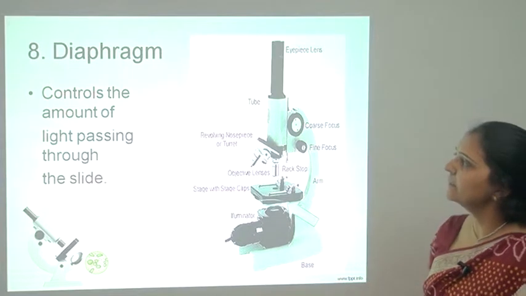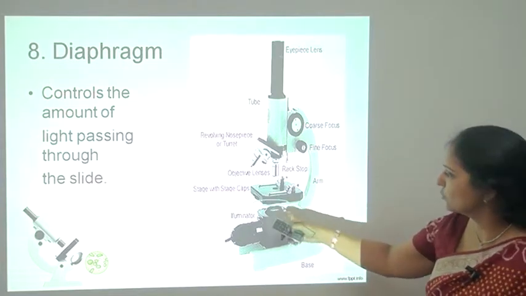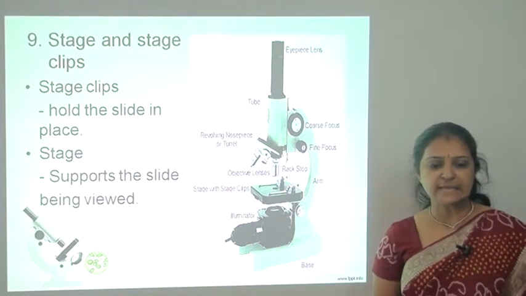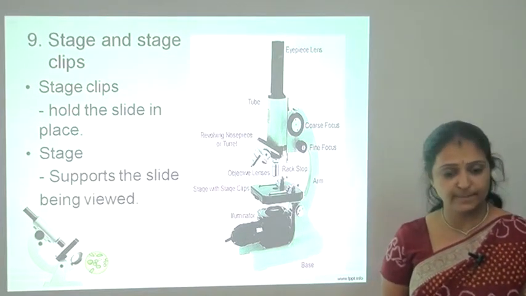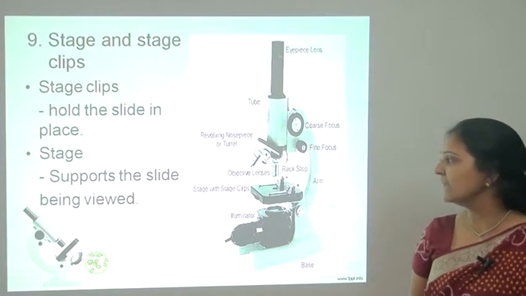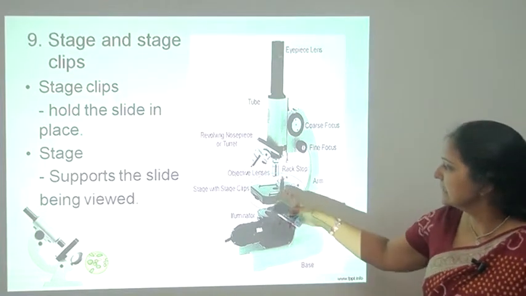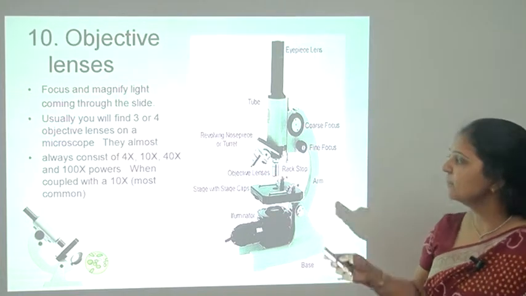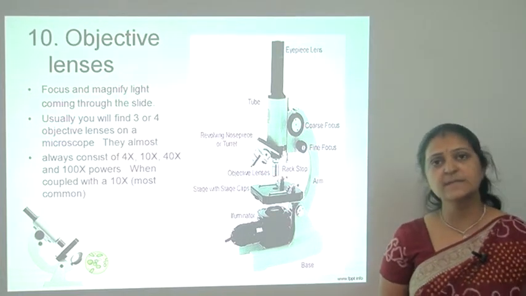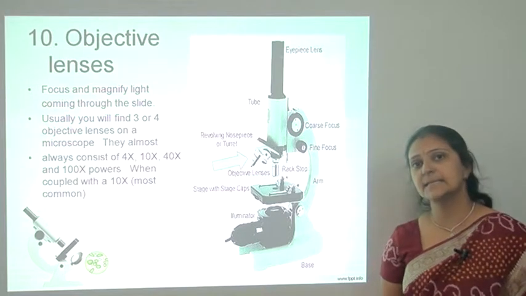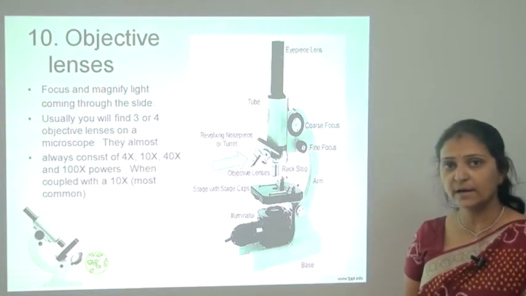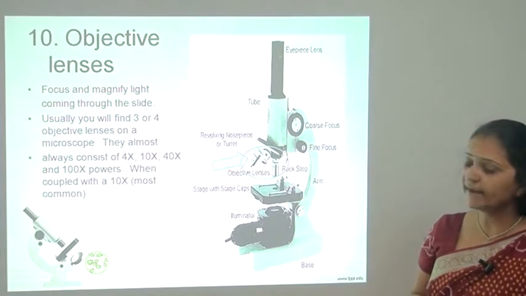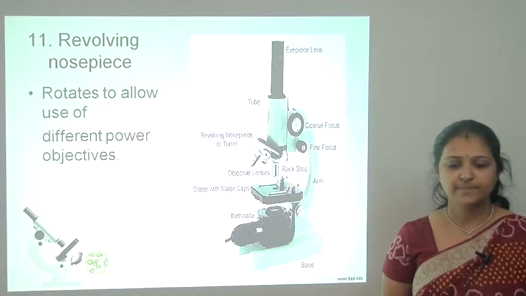Then the diaphragm. It controls the amount of light that passes through the slide. This is the diaphragm. Then the stage and stage clips. They hold the slides in place and support the slide being viewed. So this is the stage, and these two are the stage clips. Then the objective lenses. There are three objective lenses: 4x, 40x, and 100x. They focus and magnify the light coming through the slide.